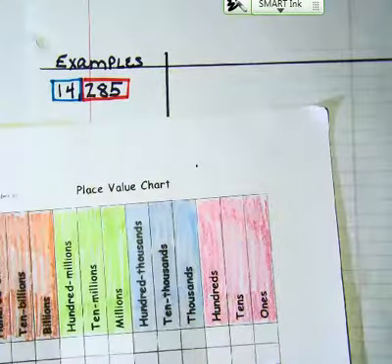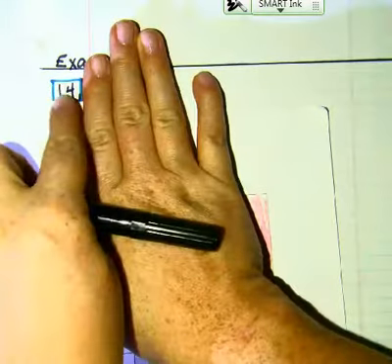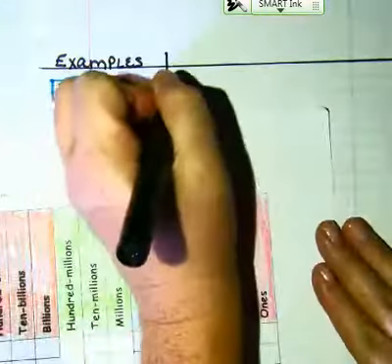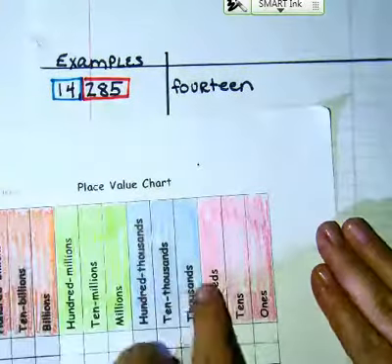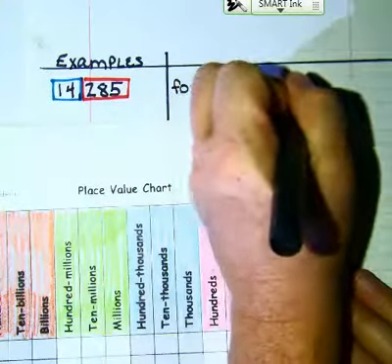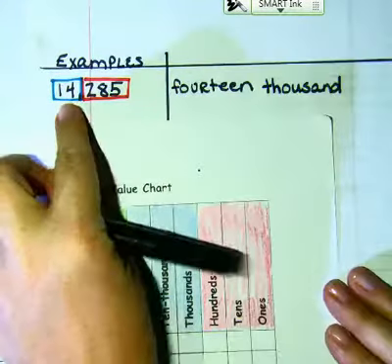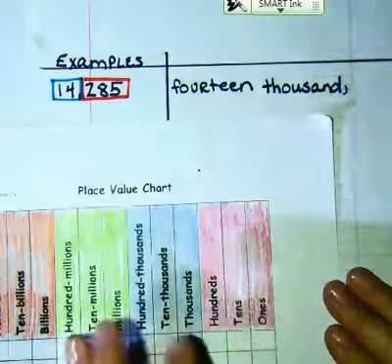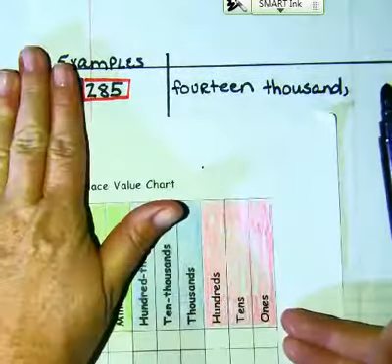So now to write this, you start on the left and you cover it up. That number right there, 14, is 14. So you write out 14. And then the color it's in is blue, and blue are the thousands. So this is 14,000. And since I'm done with that color, I put a comma. Now I go to the next one. 285 is said 285.